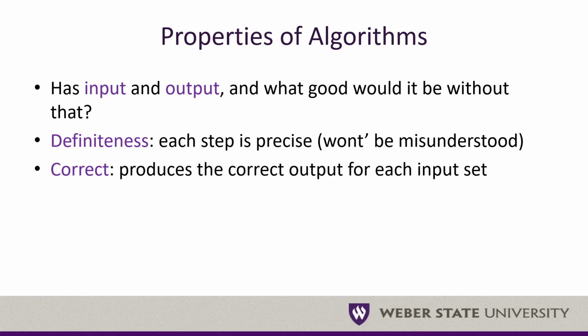We also need correctness. Believe it or not, you can write an algorithm that will not produce the correct output. Sometimes we redefine what the correct output might be. For example, you might have an algorithm that simply gives you an approximation. So I'd like to know what a specific stock will be in 3 months.